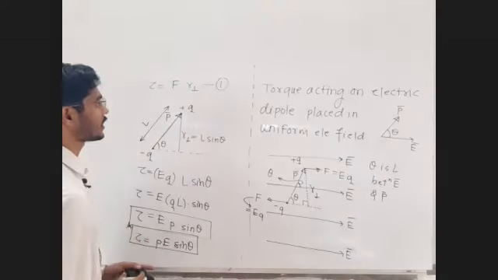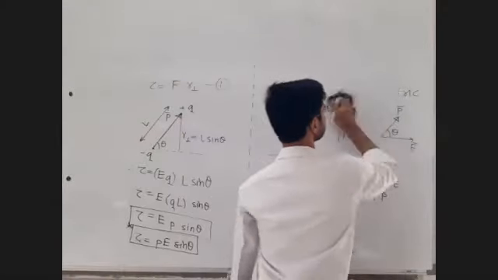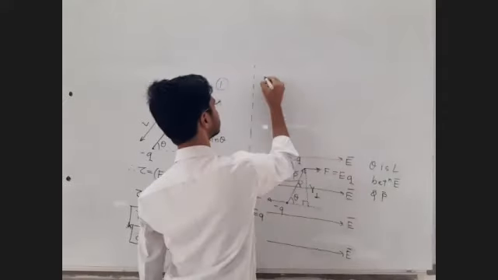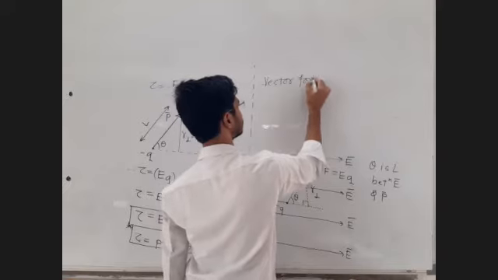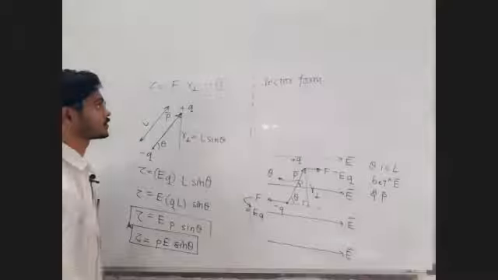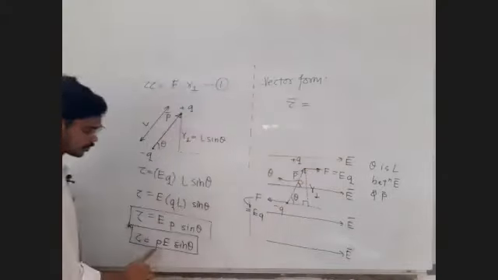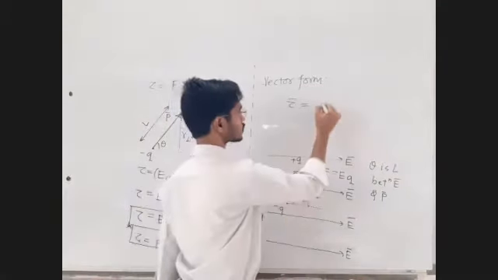Okay, and let me write the vector form here. You also write that along with me. Vector form. Vector on the left side. The magnitude of the first vector into the magnitude of the second vector into the sine of the angle between them must be the cross product.